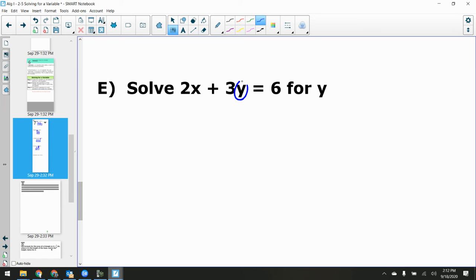Okay, so what's being done to y? Added and multiplied, isn't it? There are actually two things being done to y. Multiplication and addition. Now, let me ask you a question. What if I just replaced this all with numbers?